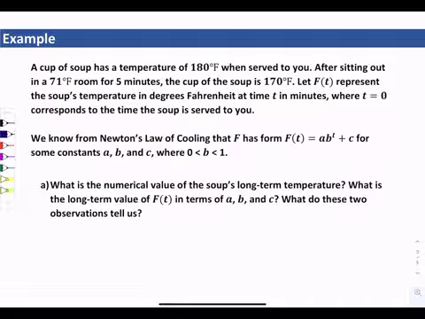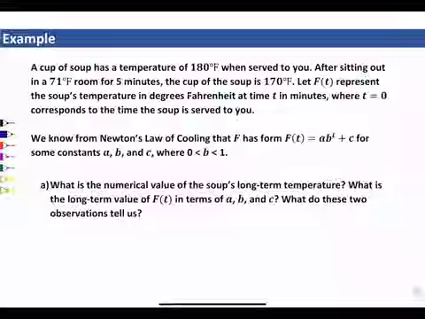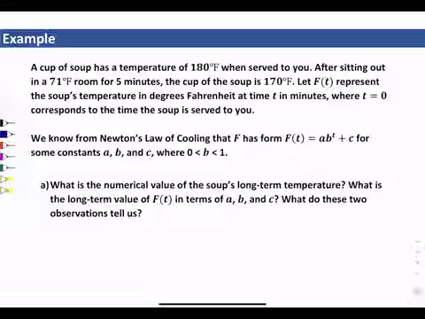Let f of t represent the soup's temperature in degrees Fahrenheit at time t in minutes, where t equals 0 corresponds to the time the cup is served to you. So we know from Newton's law of cooling that f has the form f of t equals ab to the t plus c for some constants a, b, and c, where b is between 0 and 1.